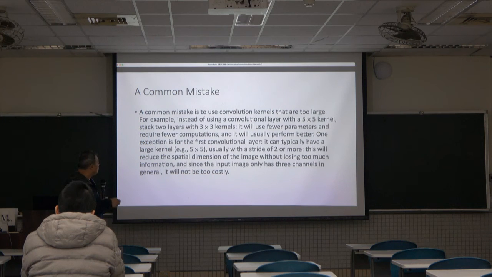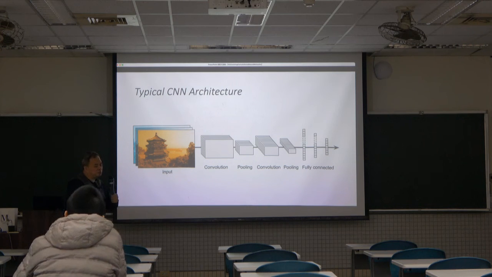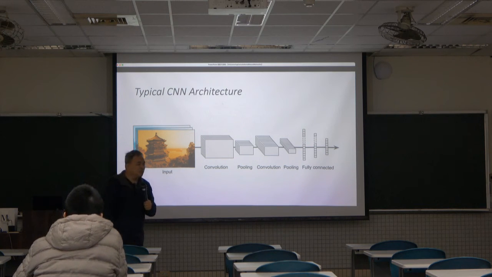The only exception is the first convolutional layer. Why do we say that? Because when you apply the filter in the first convolutional layer, even if you use a larger filter, you only have a limited number of input channels, at most 3 for an RGB color image.